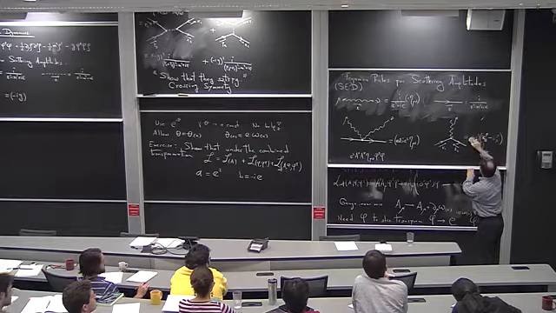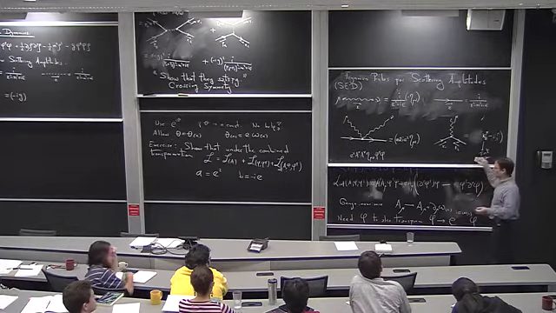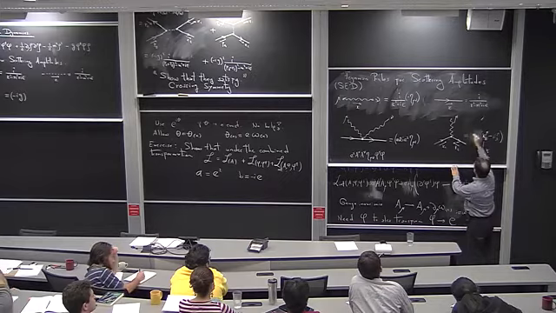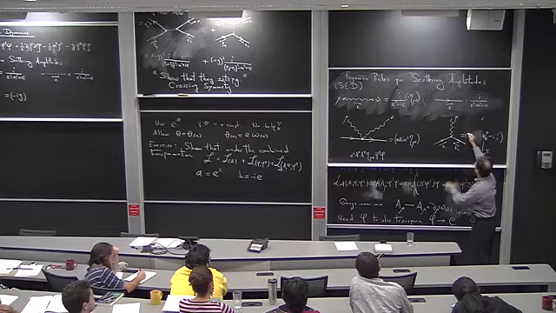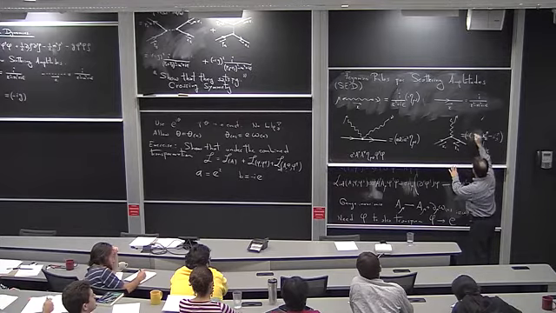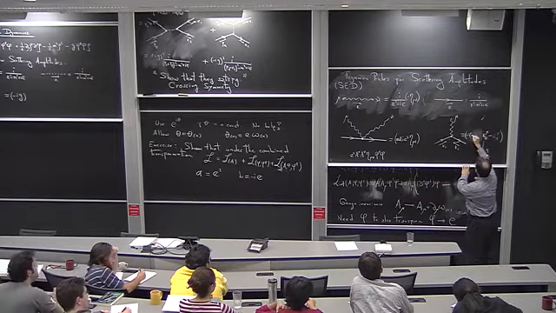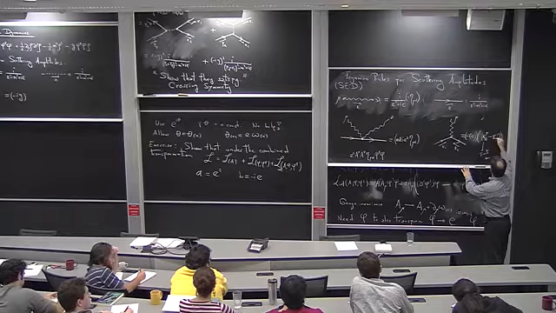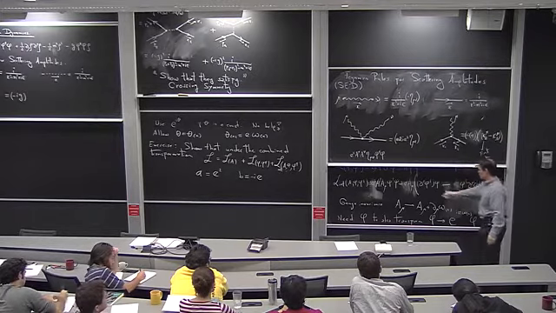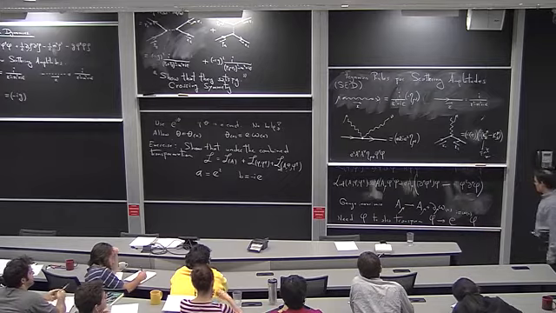So parentheses don't matter, but to understand where things come from, the parentheses are important. So we have a minus i e, and then this thing, and then the derivatives get replaced by i times the momenta.